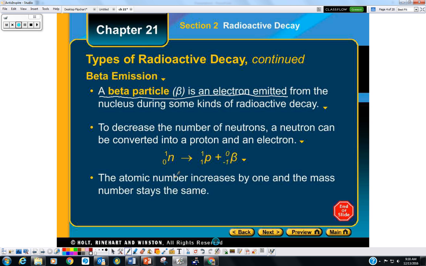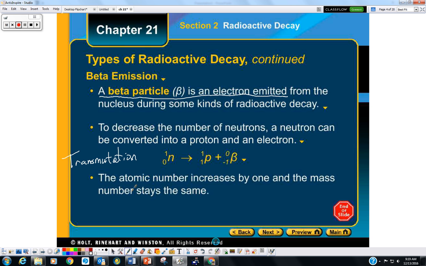We see it all the time with radioactive decay, happening naturally. The problem is, if we really wanted to convert lead into gold, the process is so expensive that it's not worthwhile. That process of converting one element into another is called transmutation. That was one of your words yesterday as well.